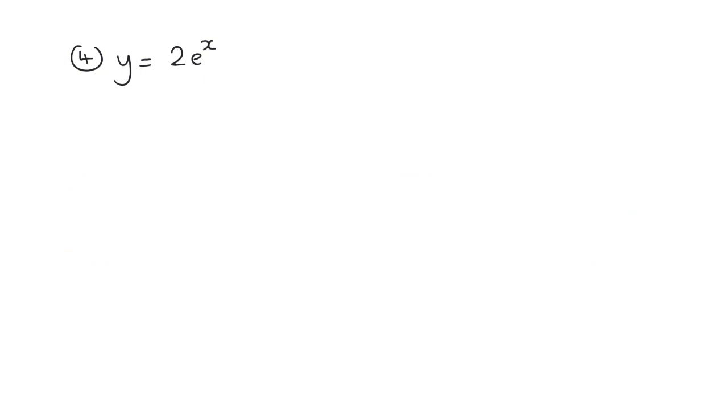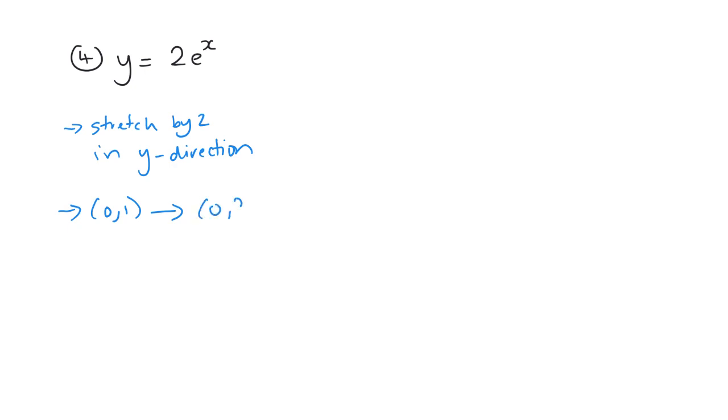And our fourth one then, y equals 2 e to the x. So we've multiplied the whole equation by 2. So that's a stretch by a factor 2 in the y direction. So our point 0, 1 will move to 0, 2, but your asymptote will just stay the same.